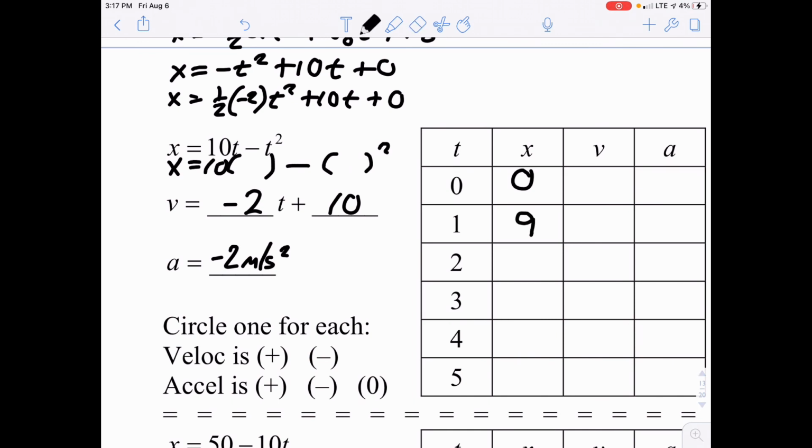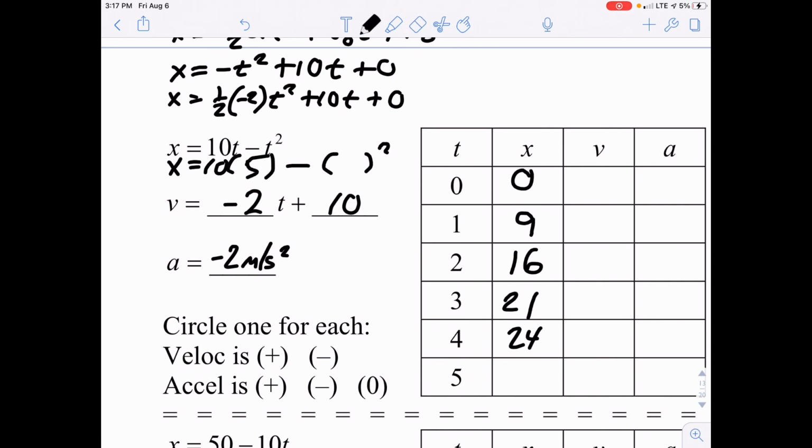If I plug in 2, 2 times 10 is 20, minus 2 squared is 4, right? I get 16 when I subtract them. 3, 10 times 3 is 30, minus 3 squared, 9, I get 21. 4, 10 times 4 is 40, minus 16. 40 minus 16 is 24.